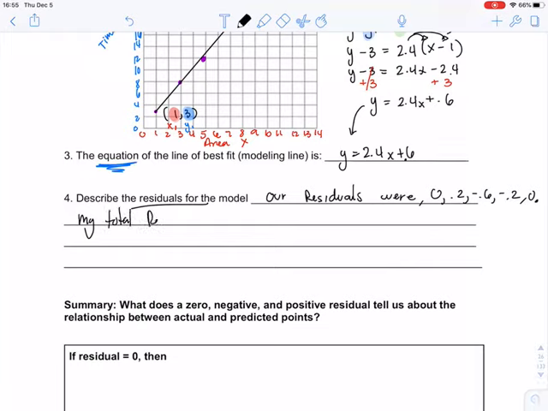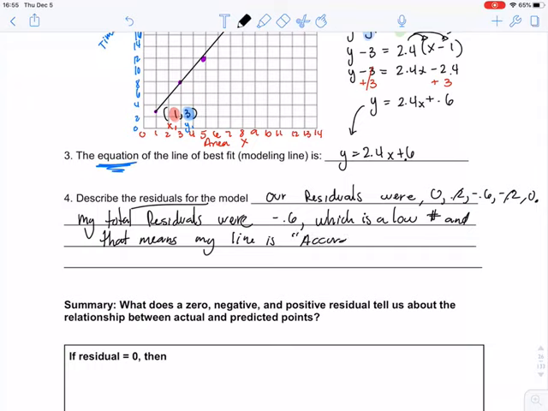My total residuals were, if I add these together, -0.6, and that's very close to 0, which I want, which is a low number, and that means my line is accurate.